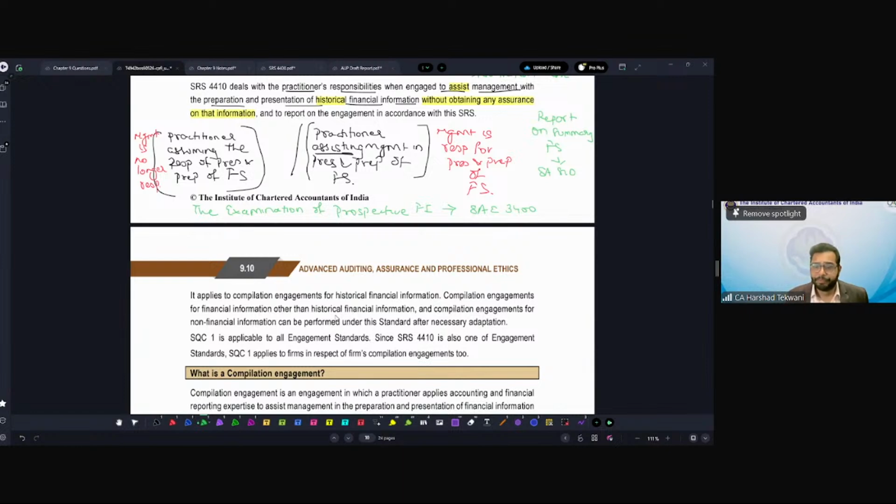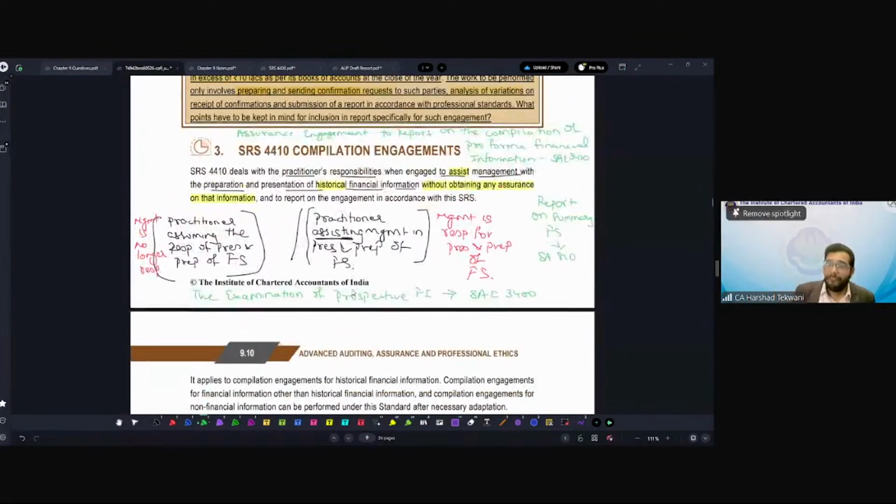This is done before audit because we are assisting management in preparing the financial statements. This you can say is before audit. Once the financial statements are prepared, then they are audited.